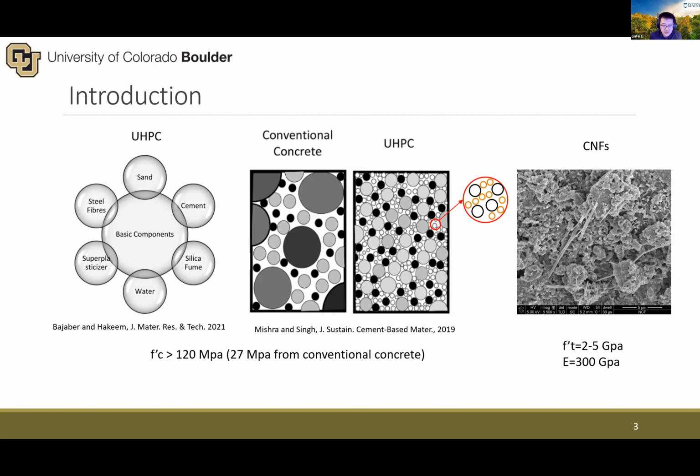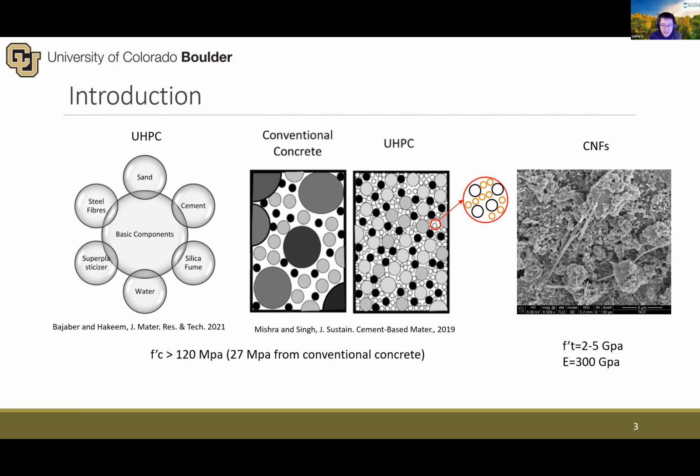So we can fill these spaces with macroparticles, nanoparticles, or nanofibers. Furthermore, due to the low flexural strength of UHPC, fibers are commonly added. By combining these two concerns, our research team believes carbon nanofibers will be a good fit to further improve the mechanical properties and durability.